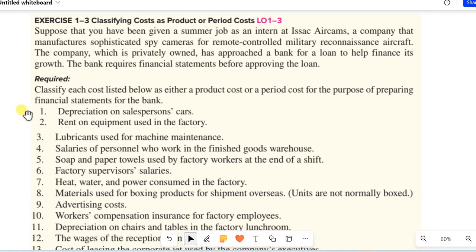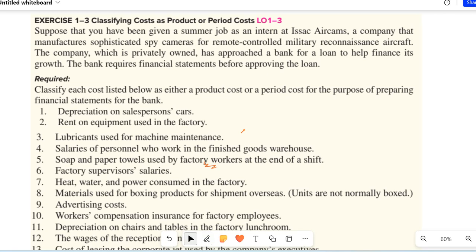Let's see an example from your book. Example 1.3: classify cost as a product or the period cost. Suppose that you have been given a summer job as an intern at Issac Aircams, a company that manufactures sophisticated spy cameras for remote controlled military reconnaissance aircraft.